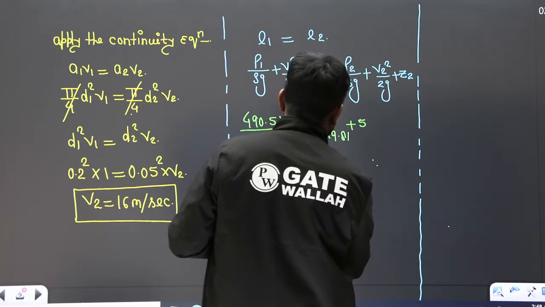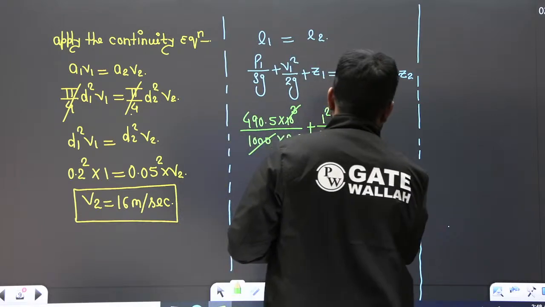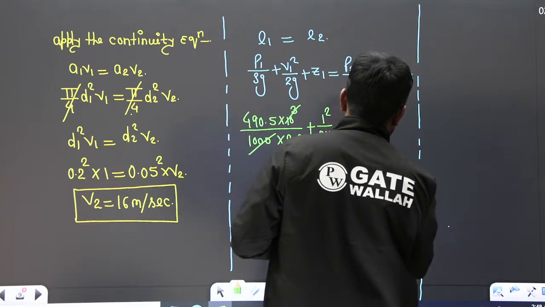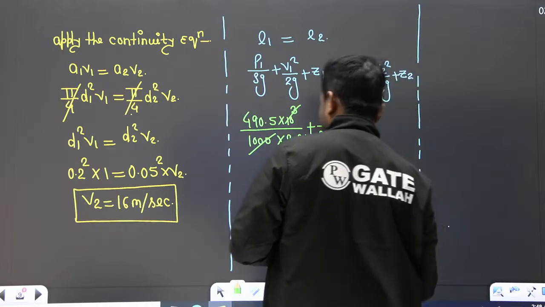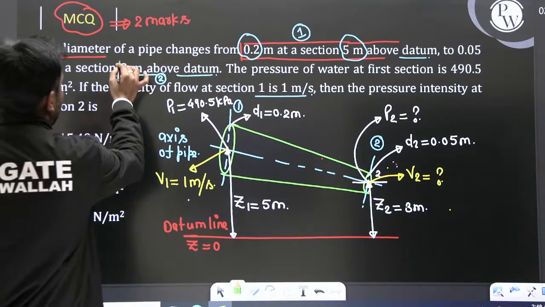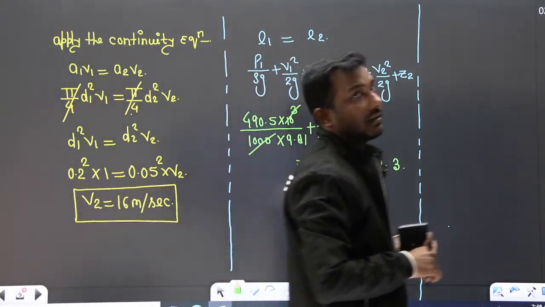P2 you need to determine, divided by rho g, plus V2, 16 square divided by 2 into 9.81, and plus the datum for section 2, which is 3 meter.